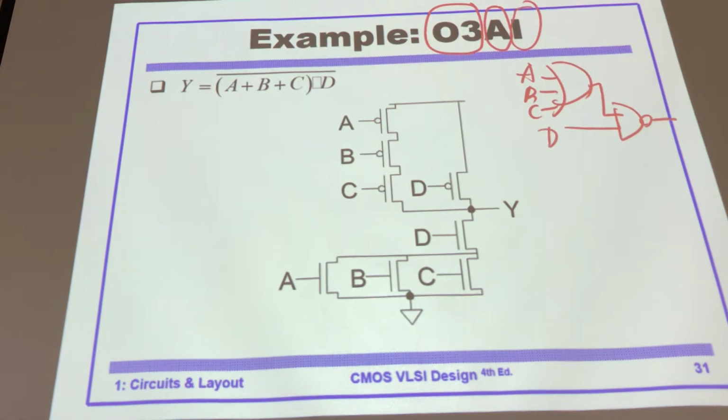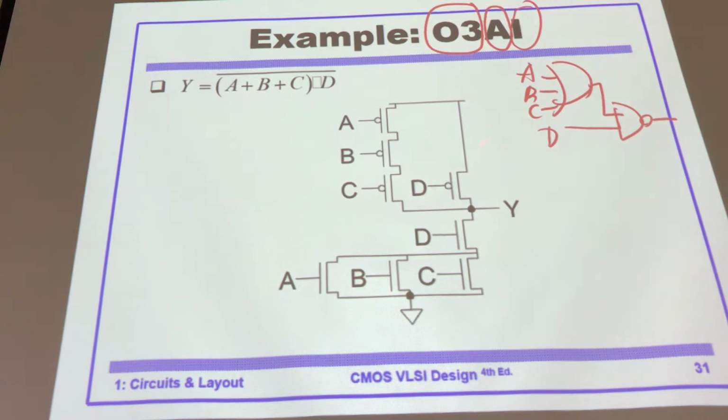And by the way, when we design a compound gate, here there are three inputs. Typically, you should not have too many inputs. Three, maybe at most four, should be fine. But more inputs than that is going to be a very bad design for a compound gate because of the circuit speed.